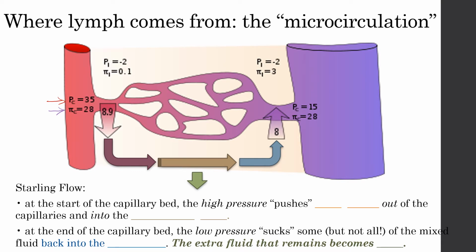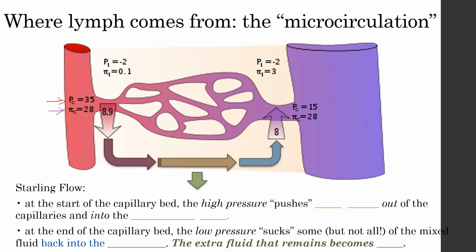The capillary pressure, the hydrostatic pressure, tends to push blood out of a vessel. The osmotic pressure tends to pull fluid back into the vessel. So if we take 35 and subtract 28, we end up with about 9.